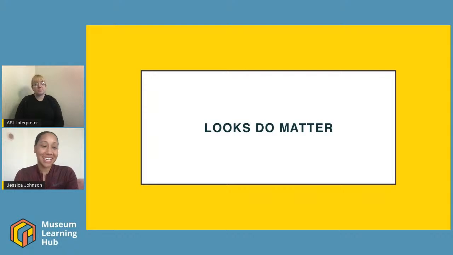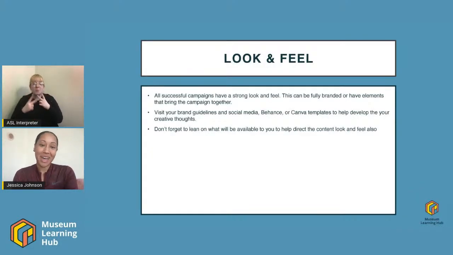So now we're going to get a little bit into the looks, because they do matter. So I think all successful campaigns have very strong looks and feels. I like to call it a look and feel because your museum or institution likely already has a brand. It likely has a guideline that it follows, right? You already have logos, so you're not creating those.